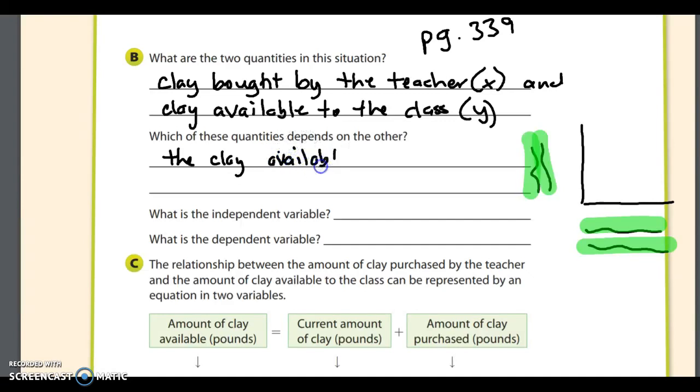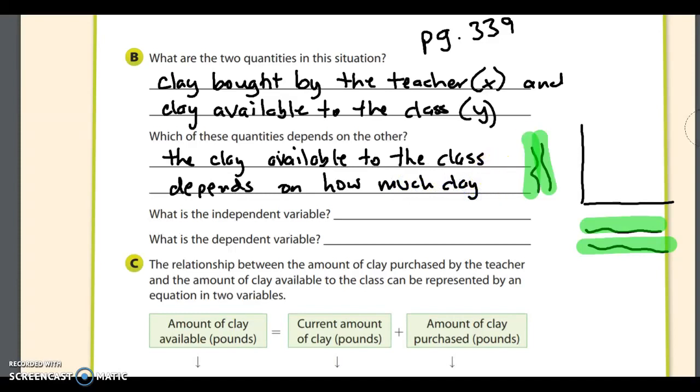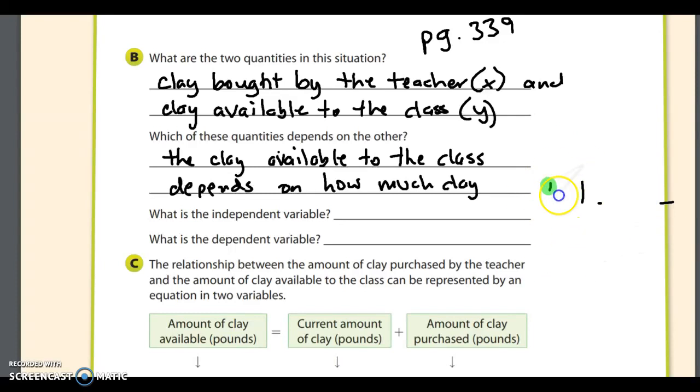The clay available to the class depends on how much clay the teacher bought.